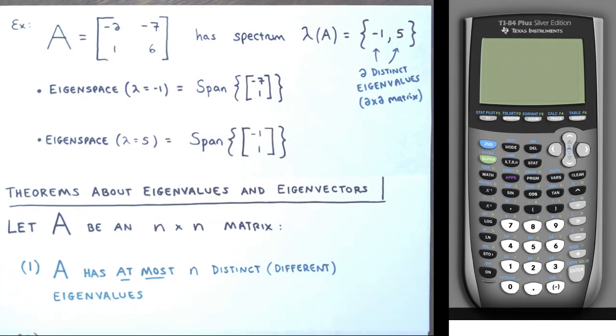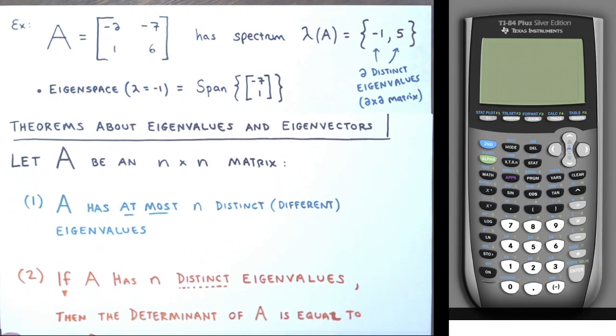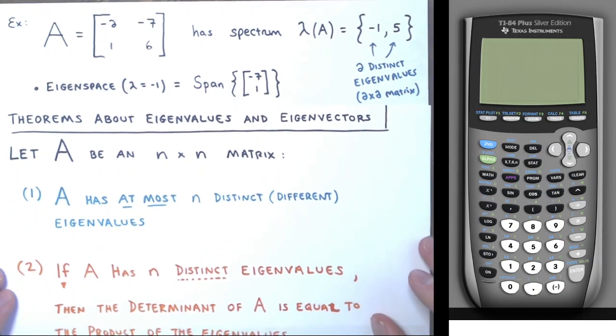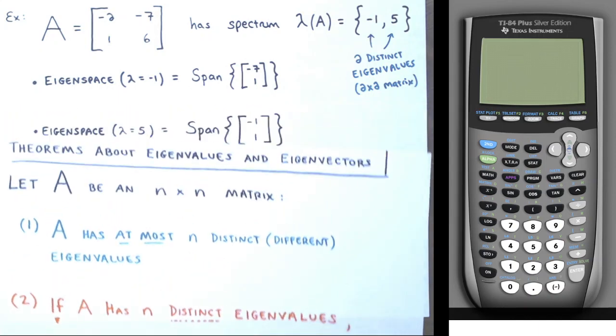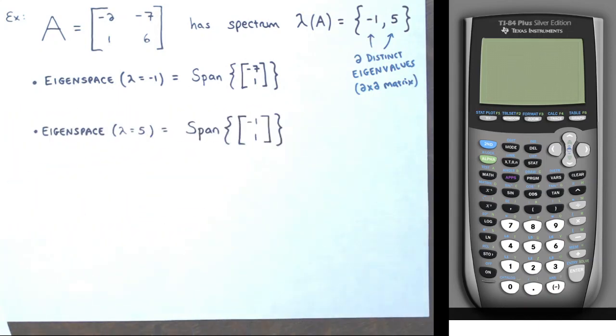Then the next statement will also apply. Statement 2 was, if the matrix has exactly n distinct or n different eigenvalues, then the determinant of that matrix will be equal to the product of the eigenvalues. Let's see if that's true, because this statement 2 does apply.